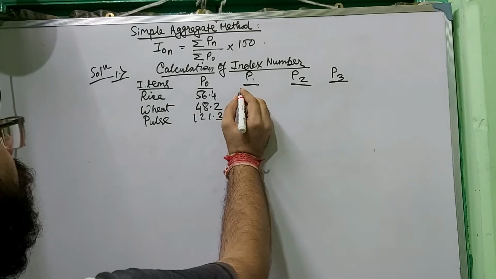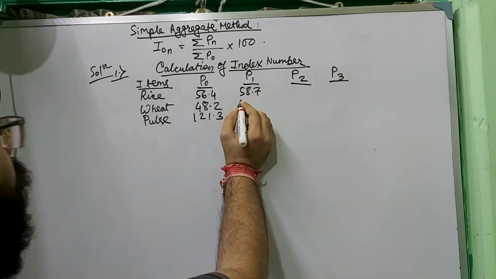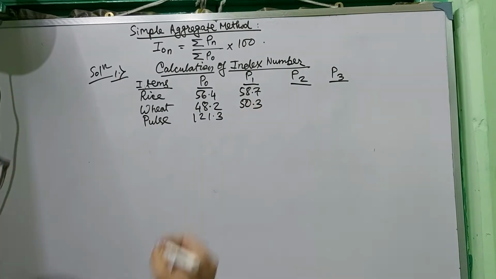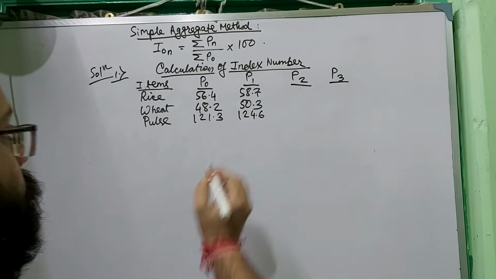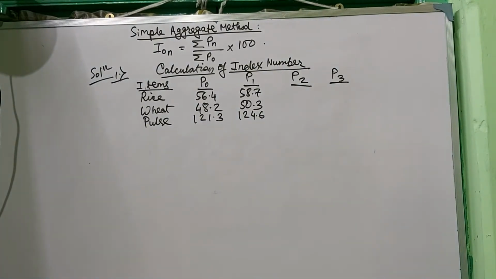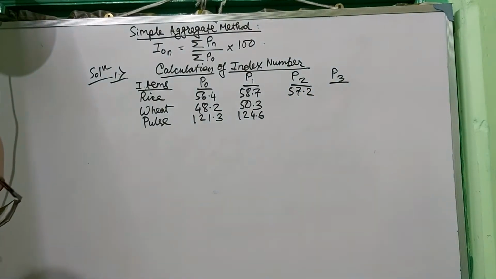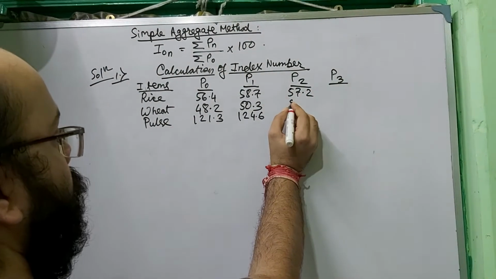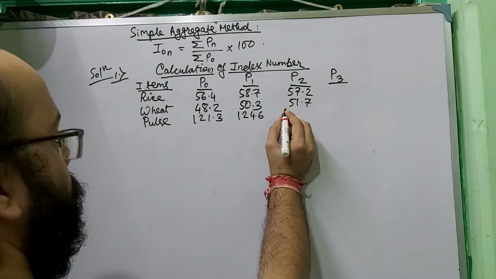81's price is 58.7, 50.3 and 124.6. And P2 price, 82's price, is 57.2, 51.7 and 130.3.